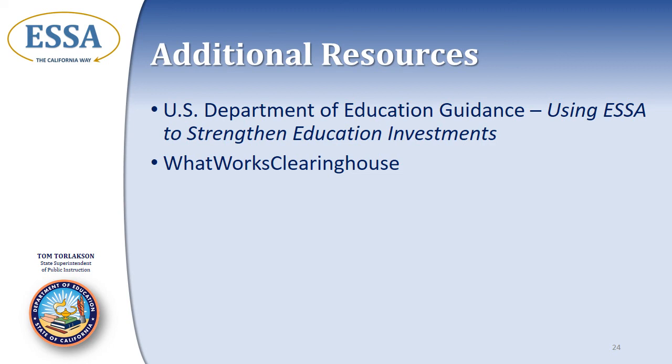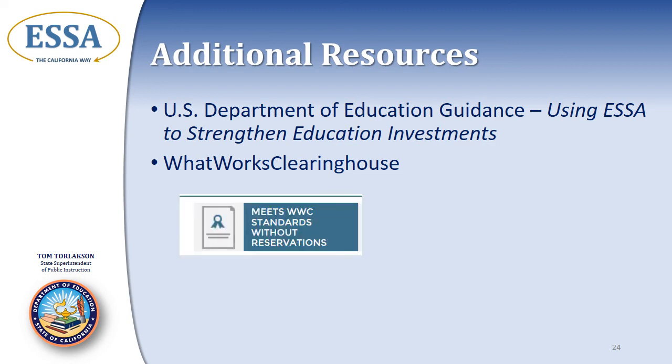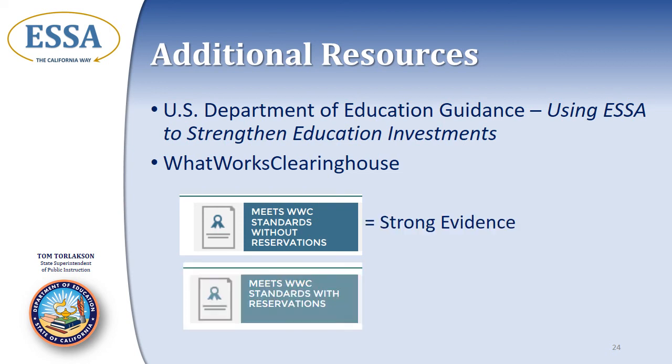On What Works Clearinghouse, there are 2 levels of evidence. First, meet standards without reservations, which qualifies as strong evidence, and meet standards with reservations, which qualifies as strong or moderate evidence. There are many more tools and resources on the way, and we will continue to update this website with materials as they become available.